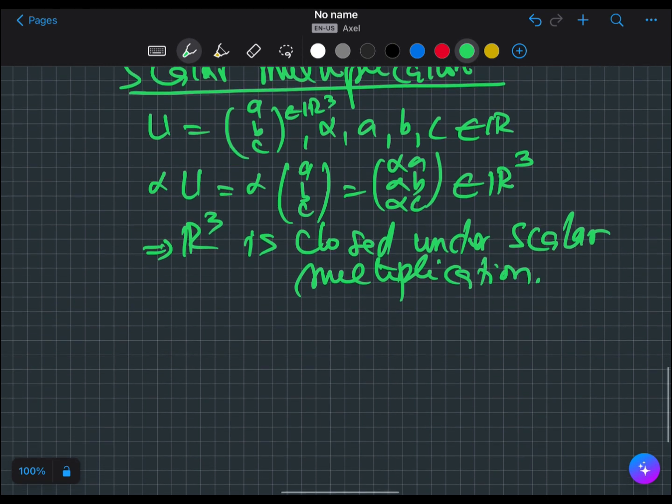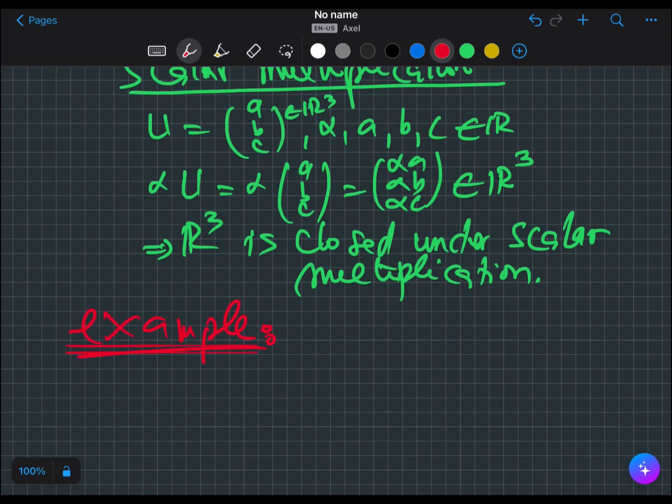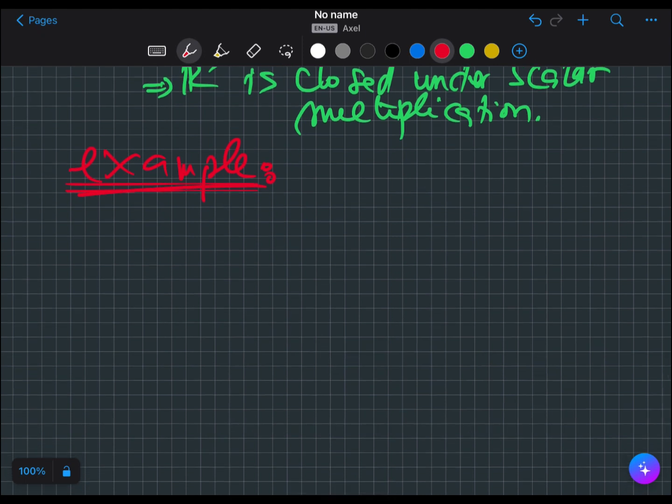Okay, let's consider this example. Consider the set of polynomials V(x) defined as minus 2x squared plus 4x plus 2, and 2x squared plus 4.